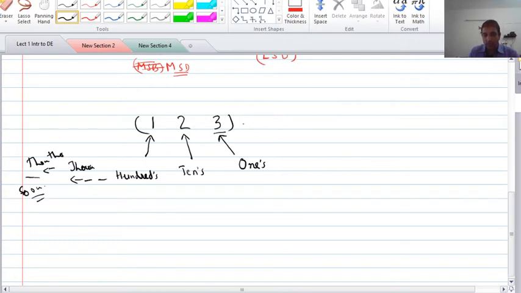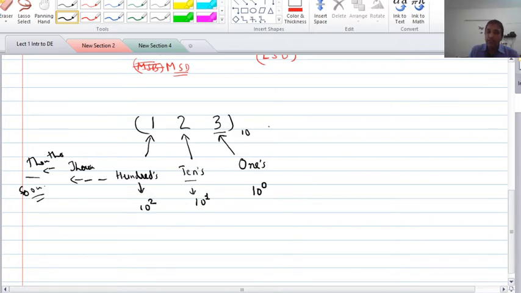So in this particular case, we can write this 1 as 10 raised to power 0, this tens as 10 raised to power 1, and this 100 as 10 raised to power 2.